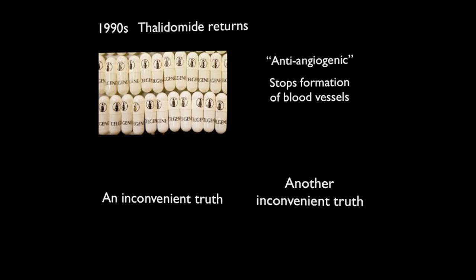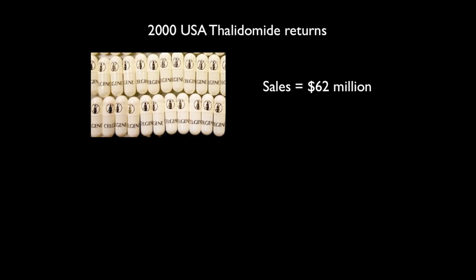So, the fourth thalidomide epidemic erupted. Resurrected as anti-angiogenic, a stopper of blood vessel formation, thalidomide returned to the market as an anti-cancer drug in the late 1990s. Its success in cancer is debated, and its use is in fact now waning. But in the year 2000, thalidomide sales earned $62 million for its New Jersey-based drug company.